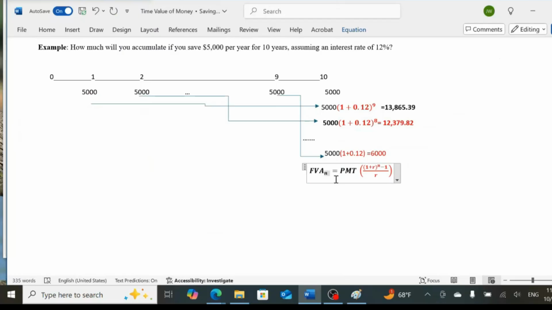Here's a 10-year, 5,000. R is 0.12 and... oh no, it doesn't come. Do it again.